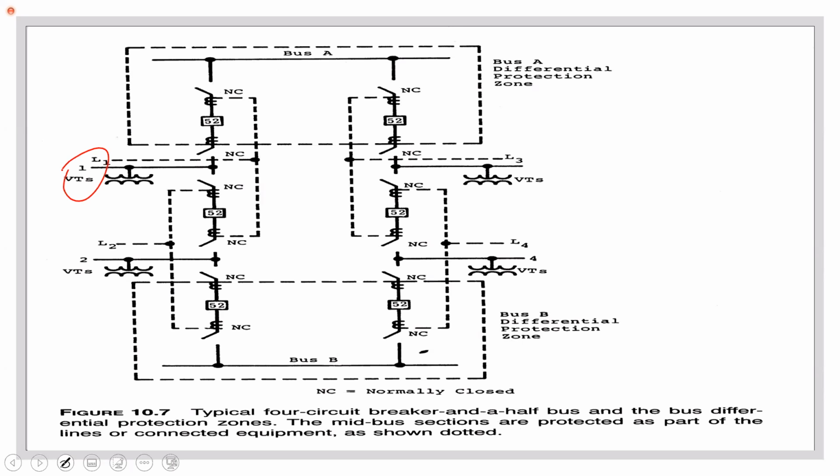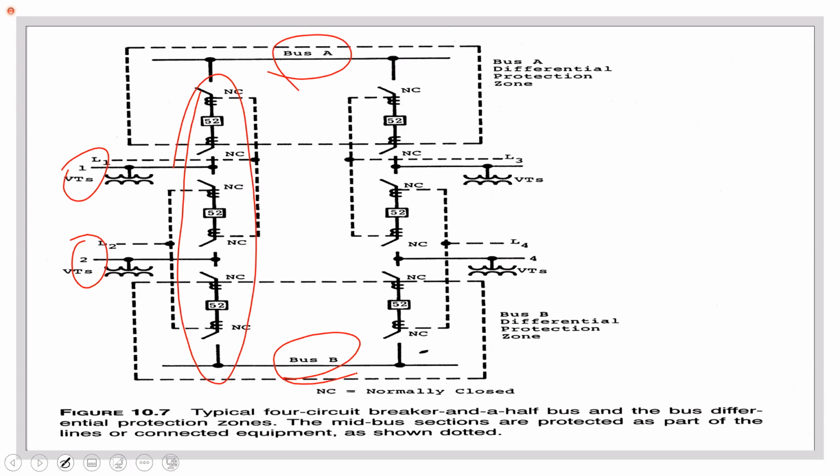So you have 2 circuits, 1 circuit here, 1 there. And then these are the 3 breakers. You have bus A up here, you have bus B down there, and those 3 breakers would supply the units.